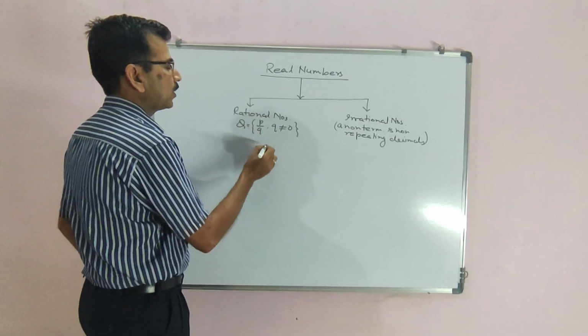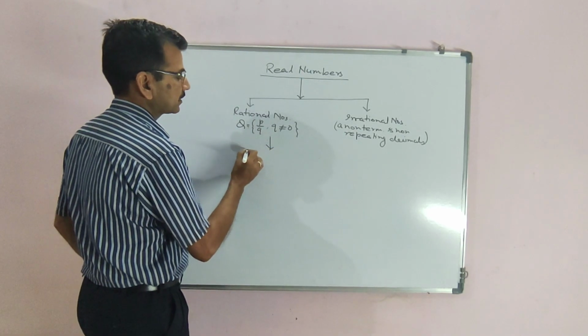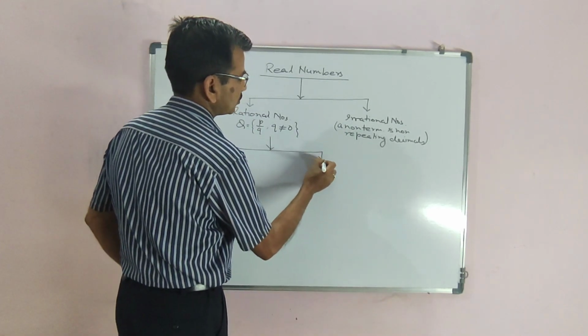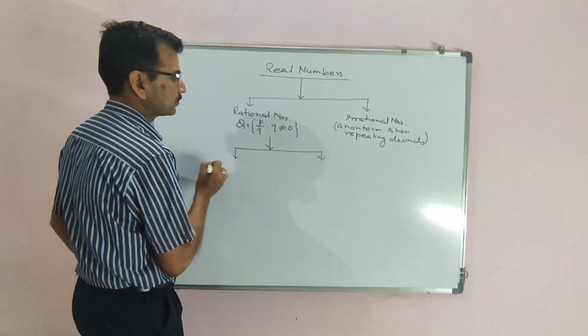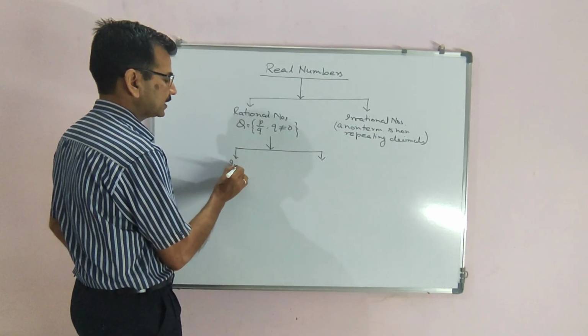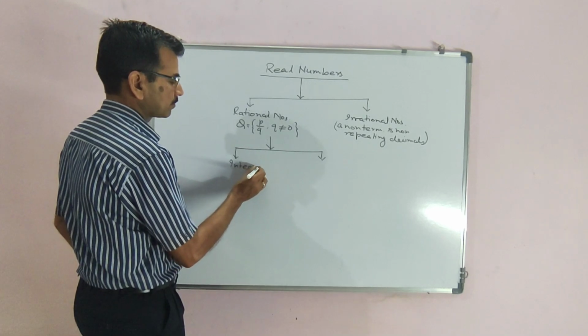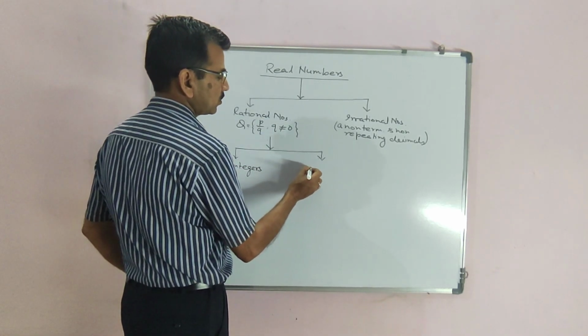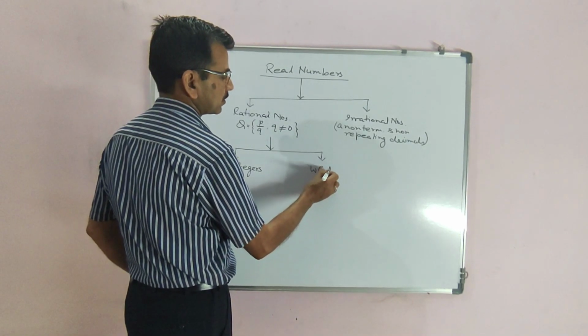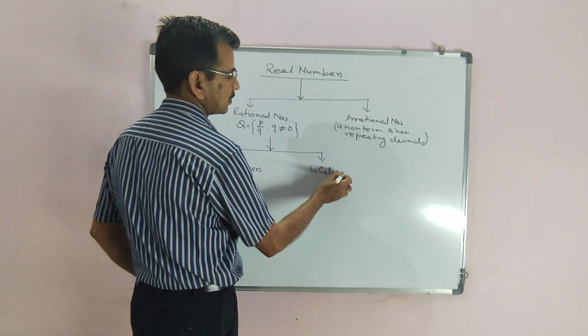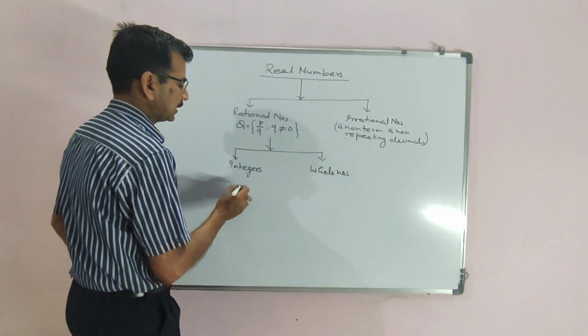Now rational numbers also we can break into two parts: integers and whole numbers.